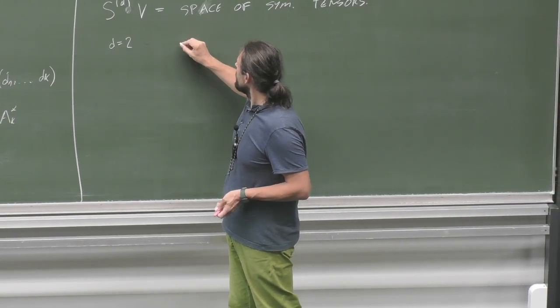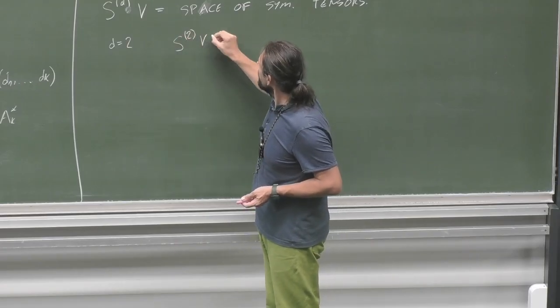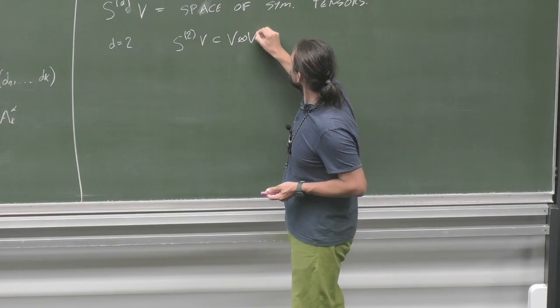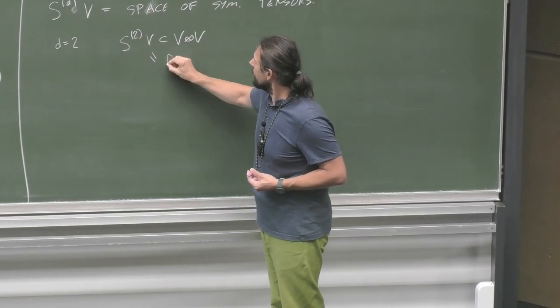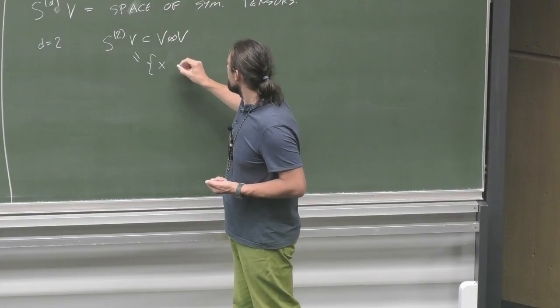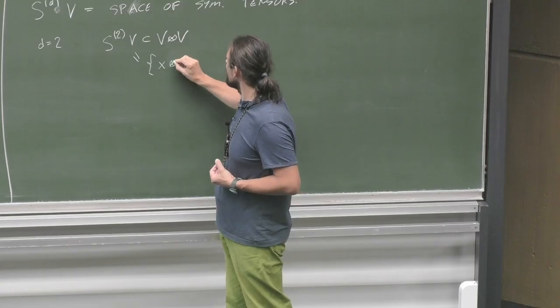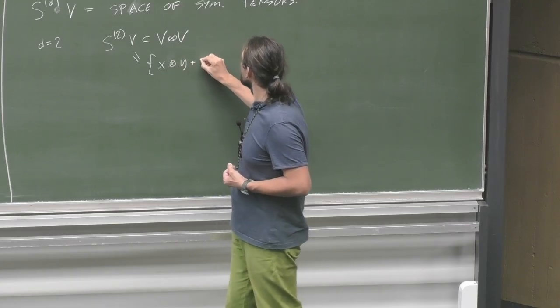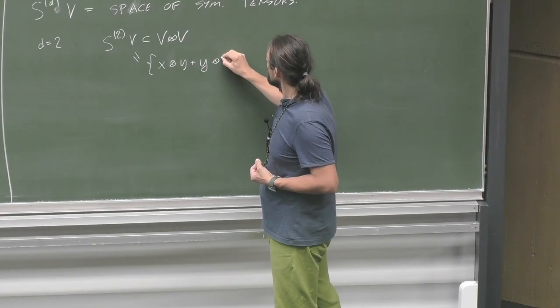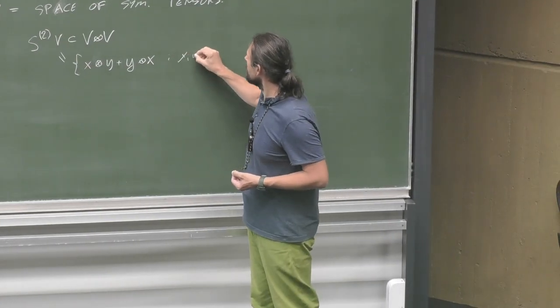The difference is that, if we take S^2 V, this is in V tensor V, this is just the set of all writings like this for all possible x and y's.